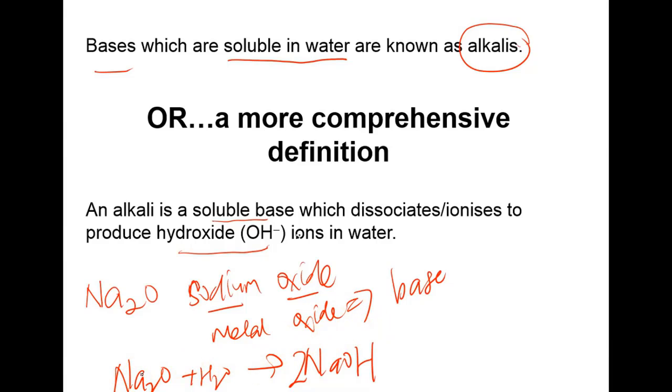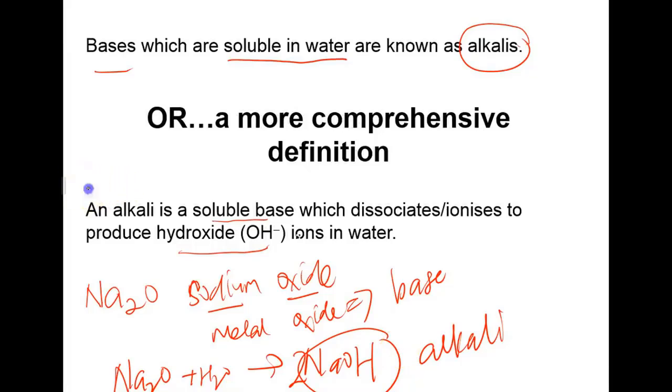So because it can dissolve in water to give us NaOH, we call this an alkali. Right? So metal oxides are bases. If the base is soluble in water, we call it an alkali. Take note, do not confuse these two terms.